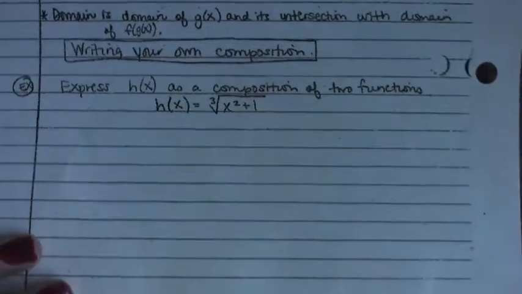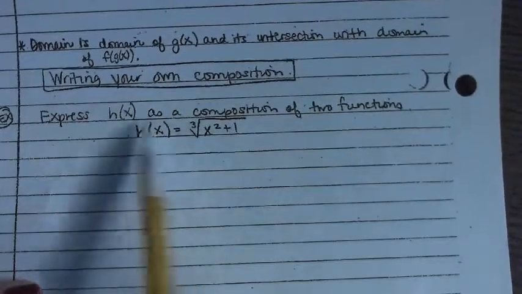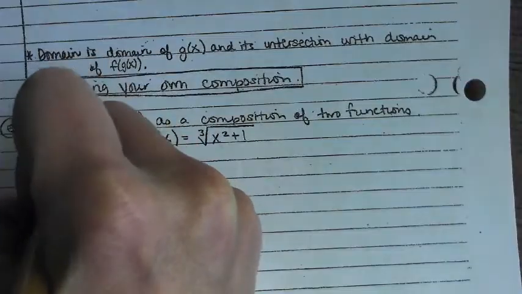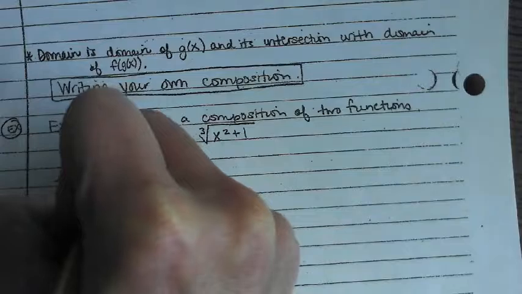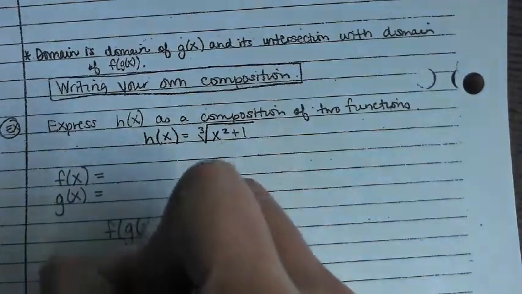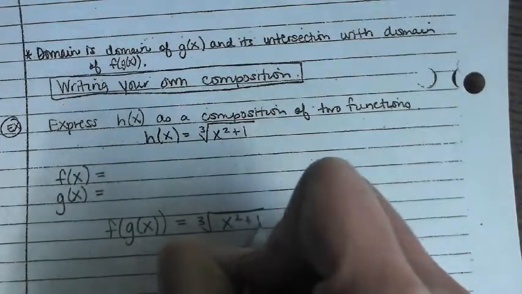All right, and then writing our own composition. So here's h of x given to you. So they want us to express h of x as a composition of two individual functions. So let's write an f of x and write a g of x, and we'll just do it in this order, so that f of g of x will equal this cubed root of x squared plus 1.